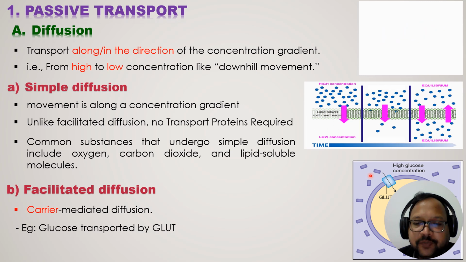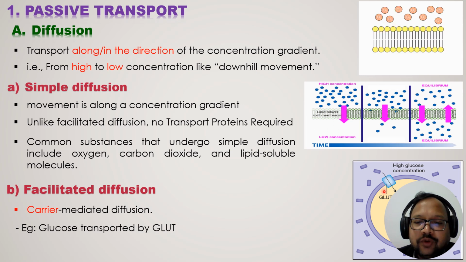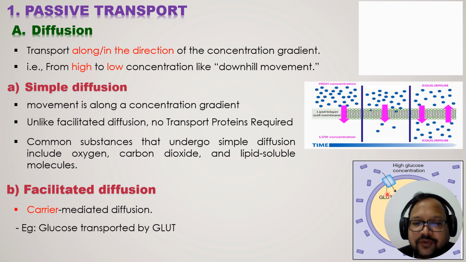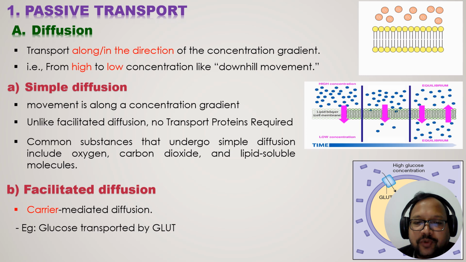They need to go inside the epithelial cells with the help of transporters or carrier proteins, that is GLUT2, glucose transporter 2. So the glucose moves from higher concentration to lower concentration. So that is the simple difference: in simple diffusion, there is no requirement of any proteins for the transport of the substance. It easily moves across the lipid soluble plasma membrane.